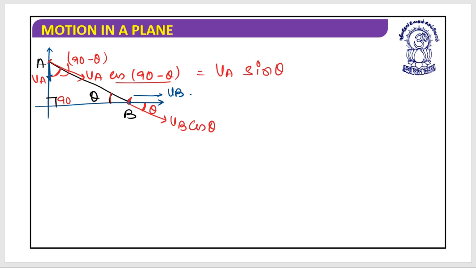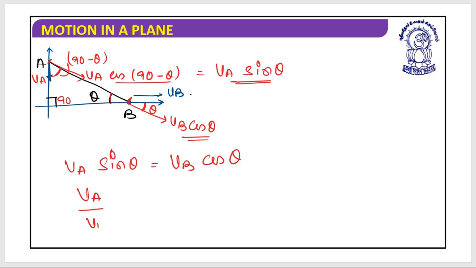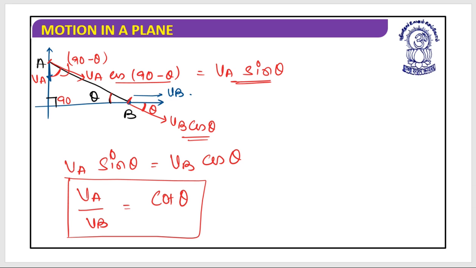Now can I consider VA sin theta and VB cos theta are on the same ladder? Yes, and as they are on the same ladder, their speeds must be equal. So VA sin theta equals VB cos theta. So VA by VB equals cos theta by sin theta, which is cot theta. This is the relation between VA and VB that you require.